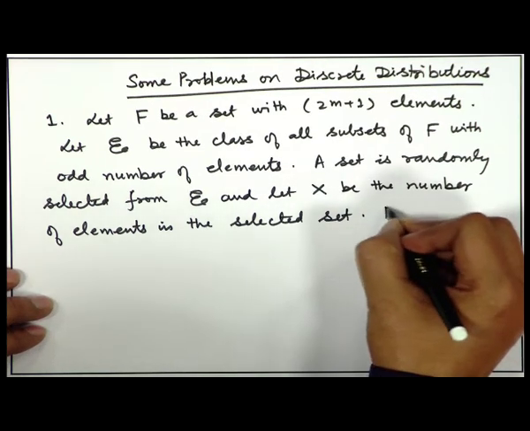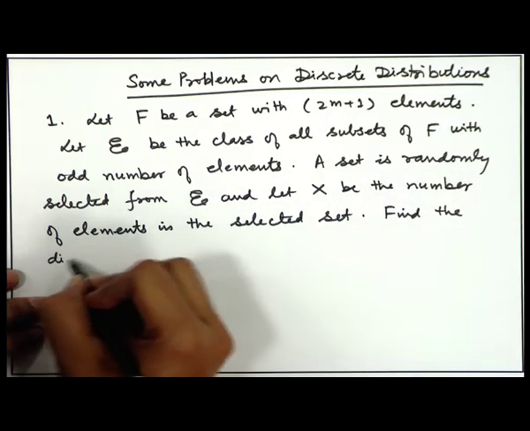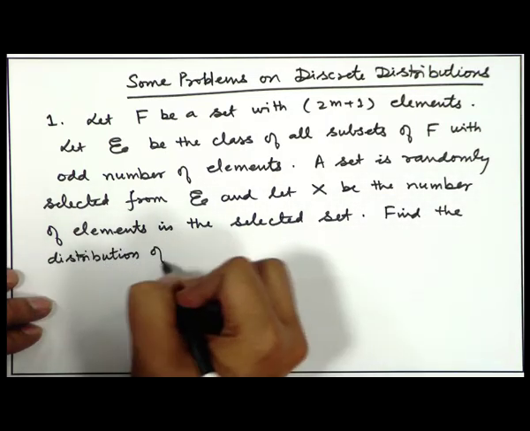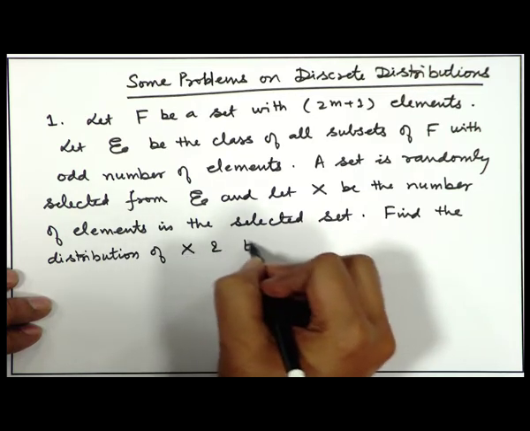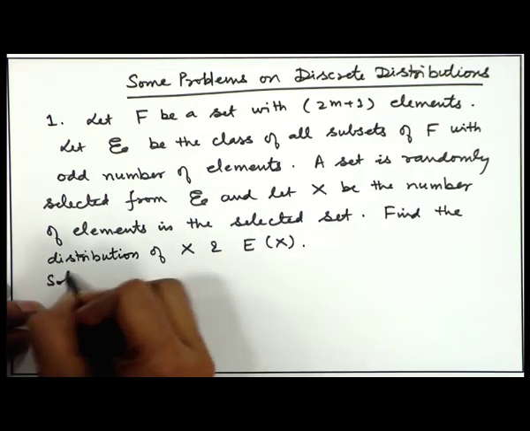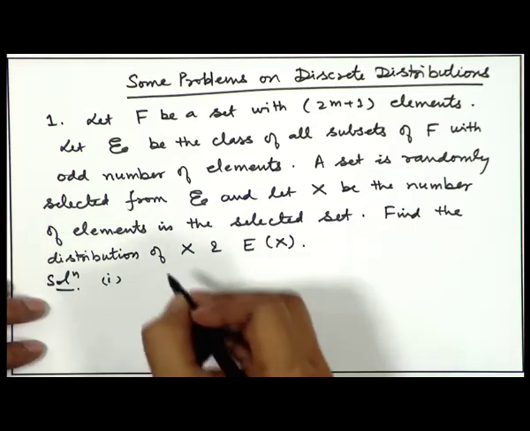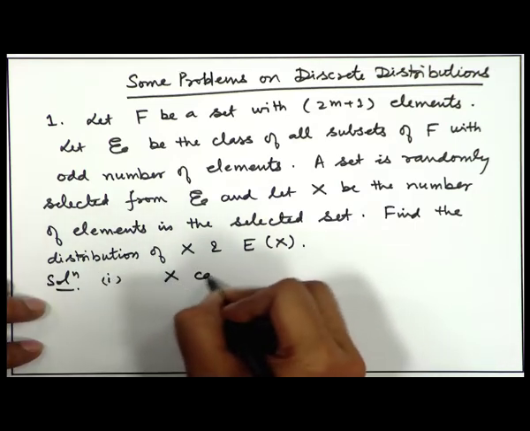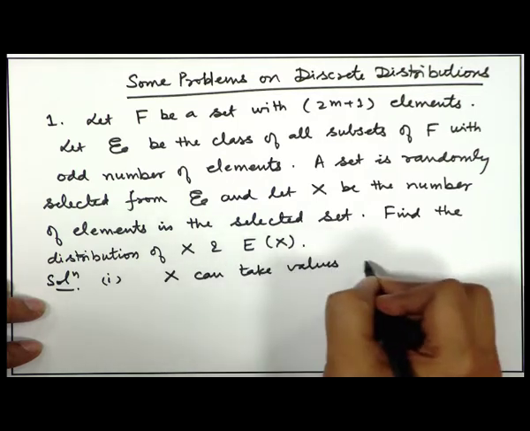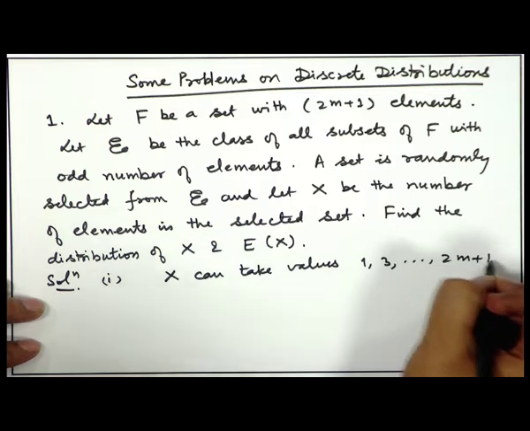We want to find the distribution of X and the expectation of X. So, X can take values 1, 3 and so on up to 2m plus 1.